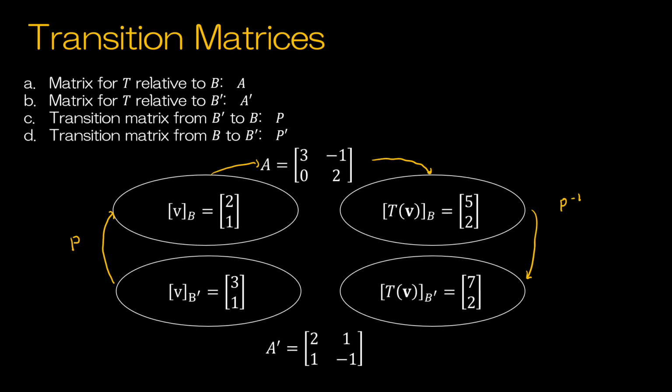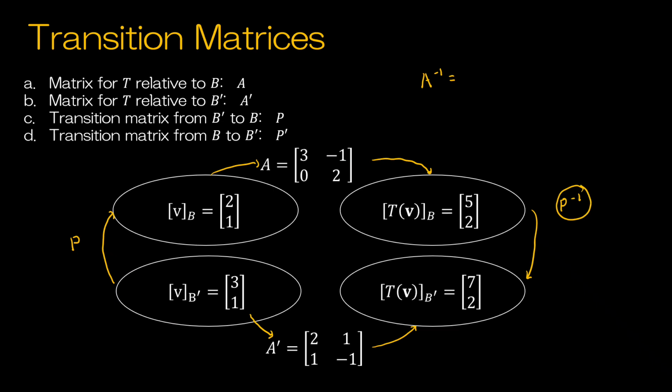Now that's all well and good, but we also said at the beginning, let's just take 3, 1 multiplied by A prime and get to 7, 2 without doing all of that work. The reason that we did all that work is we don't always have A prime. But what this tells us is that I can in fact compute A prime if I know P inverse.